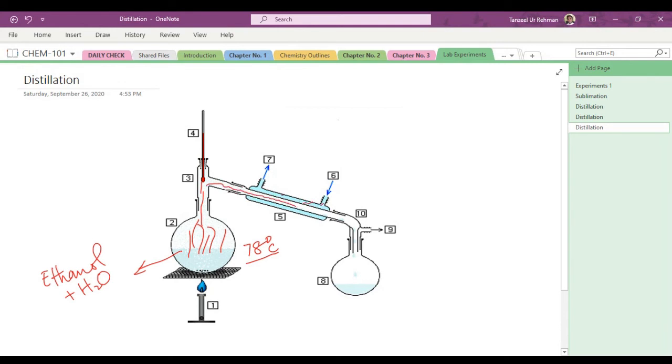Now what is the function of this condenser? Cold water is moving around this pipe through which these vapors pass. Due to this cold water, these vapors change again to the liquid state. Passing through this condenser, it is liquefied again and we get it here in this receiving flask, and here we have ethanol.